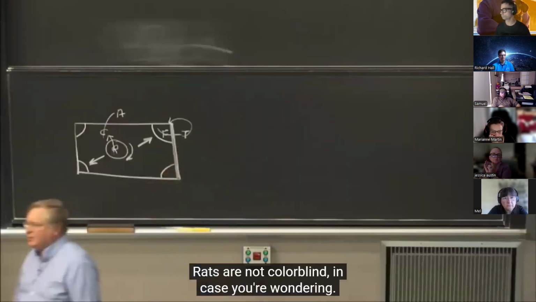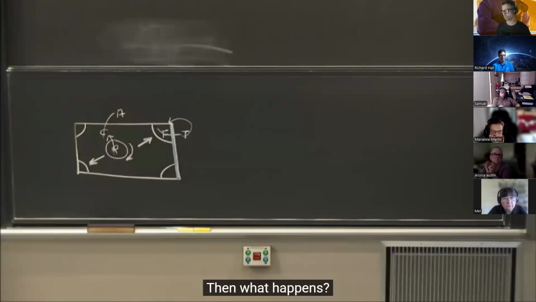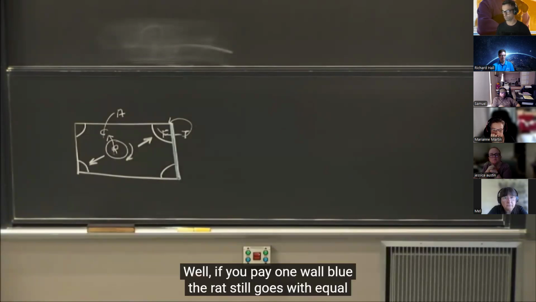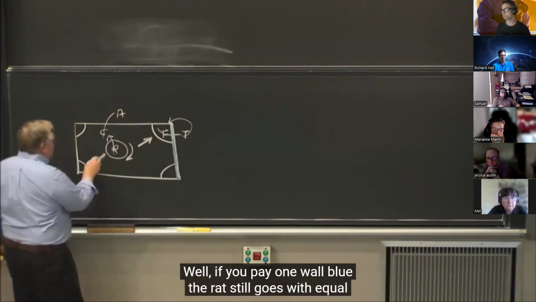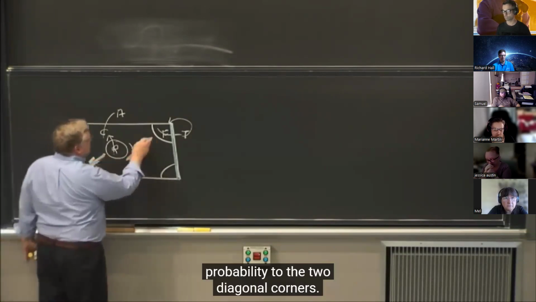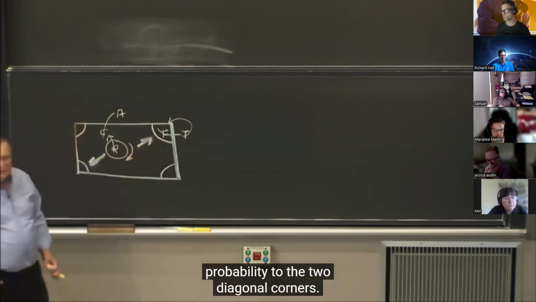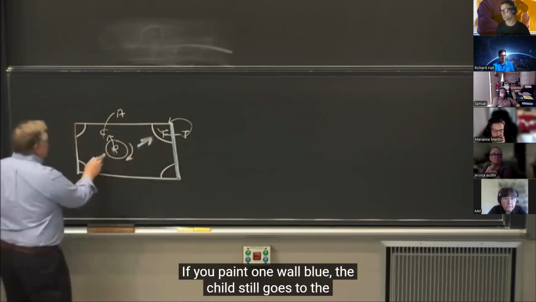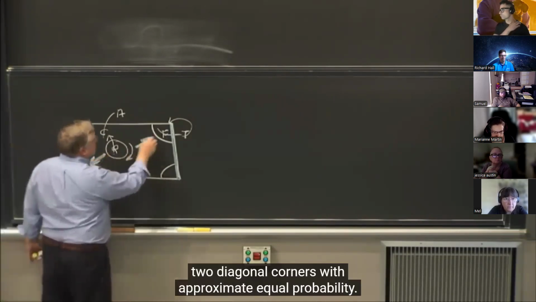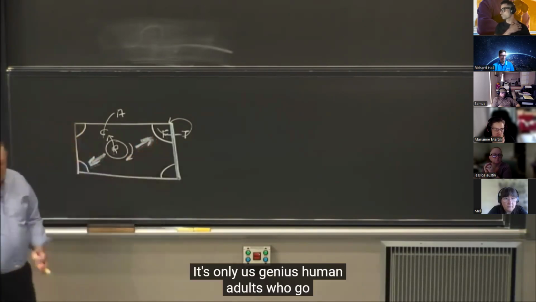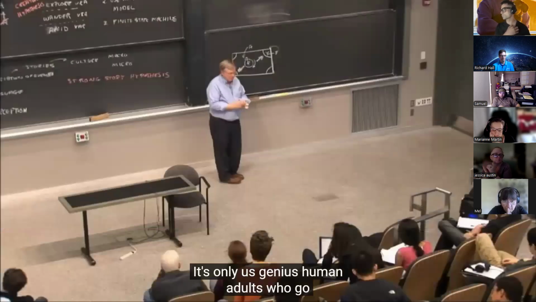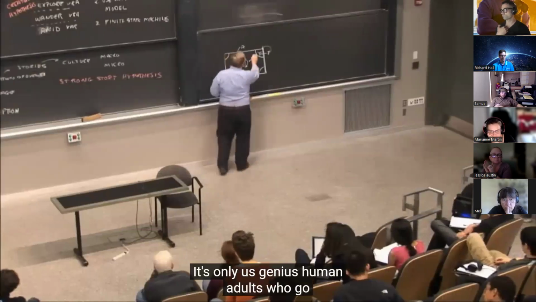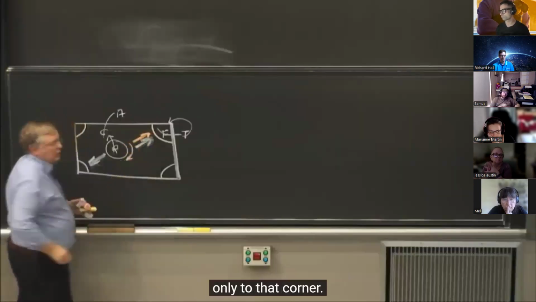Rats are not colorblind, in case you're wondering. Then what happens? Well, if you paint one wall blue, the rat still goes with equal probability to the two diagonal corners. If you paint one wall blue, the child still goes to the two diagonal corners with approximately equal probability. It's only us genius human adults who go only to that corner.